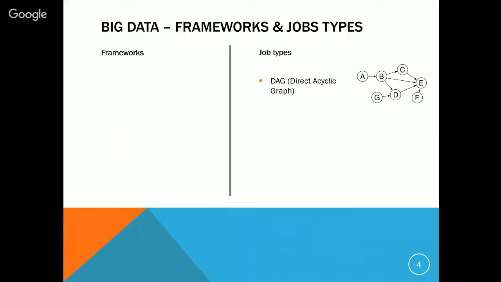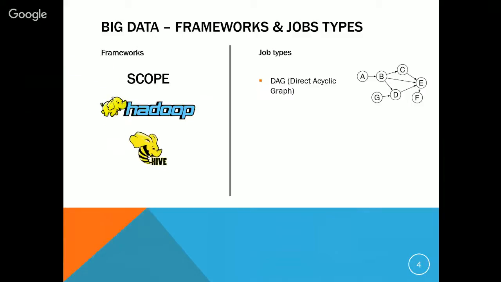So frameworks. What are the frameworks of big data? The first one is called Scope. The second one is of course called Hadoop, and the third one is Hive. The job type here is the directed acyclic graph. This graph is a structure that consists of nodes, and the directed attribute means that there is only one direction from node A to node B. There's not a bidirectional arrow.